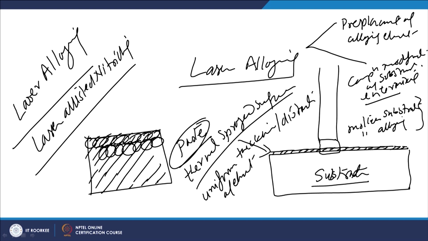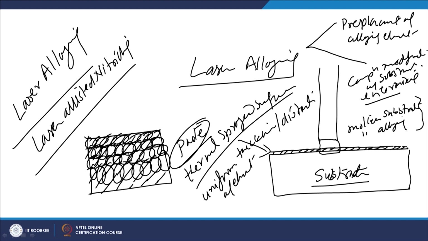We can have an overlap between the different passes of the laser beam of say 15 to 25%, so that proper mixing and uniformity of the composition over the entire surface area can be achieved. Like this we can have a number of passes to cover the entire area.